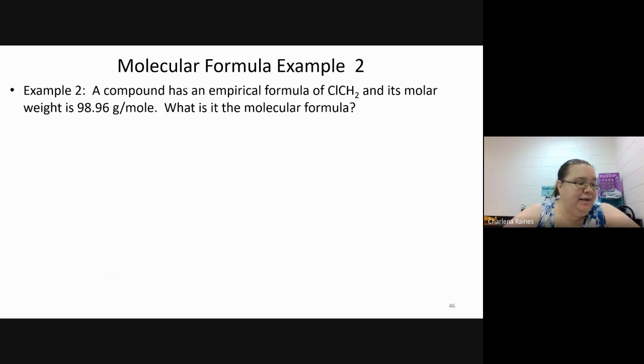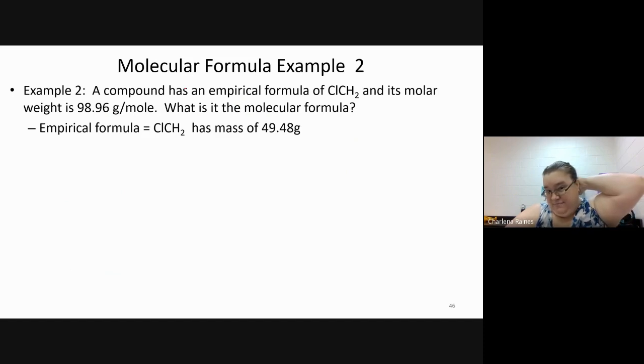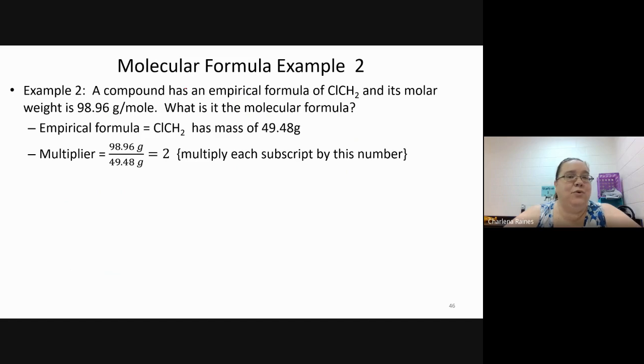So I add up 35.45 plus 12.01 plus 2 times 1.01, and that's how I get that 49.48. I take my 98.96 and I divide it by that 49, and I get 2.